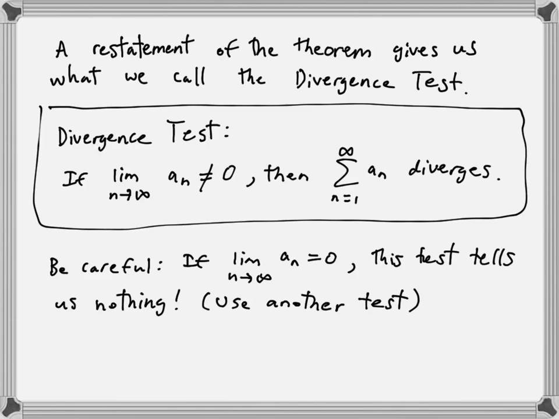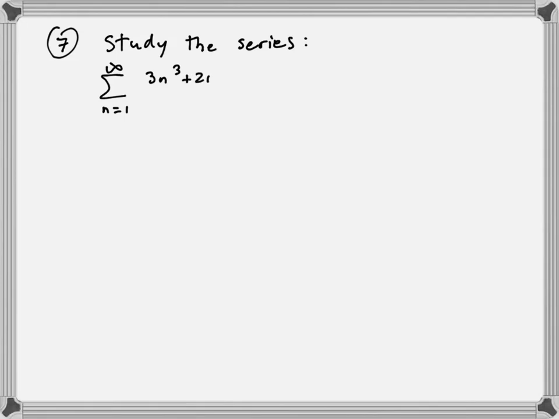Okay? Let's do a quick example. We're on number 7. We're going to study the following series: three n cubed plus 2n squared over 5n cubed minus 3n.